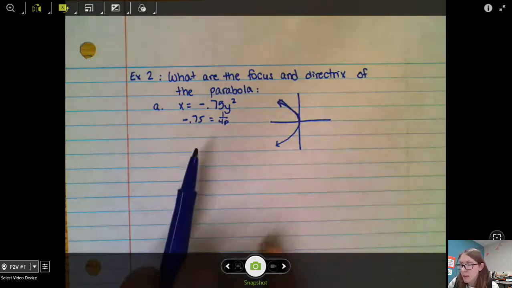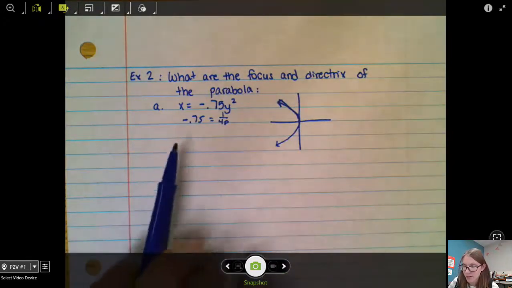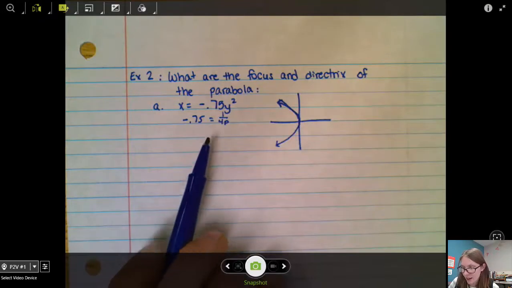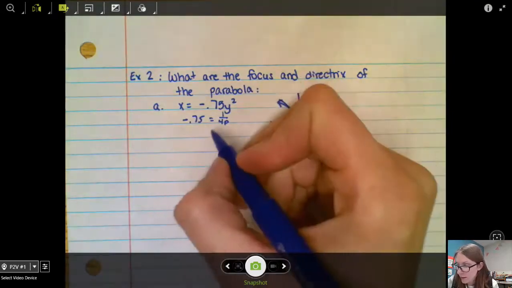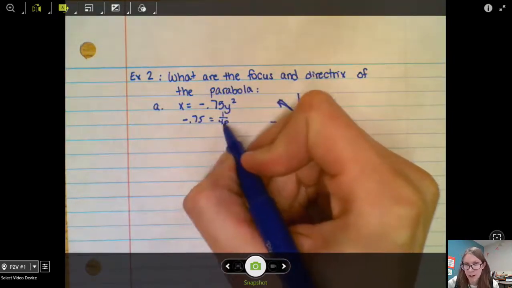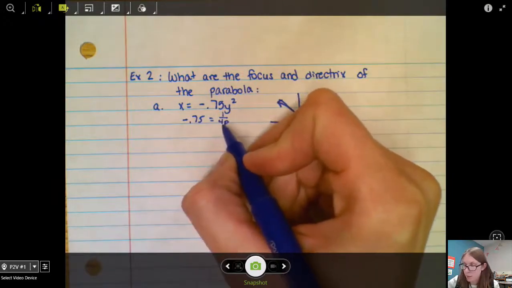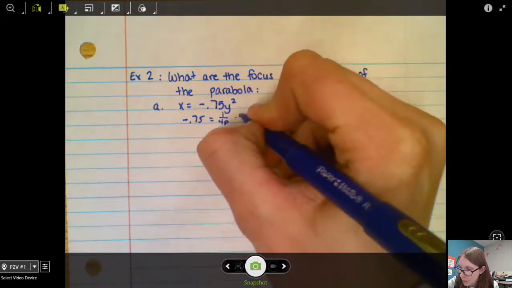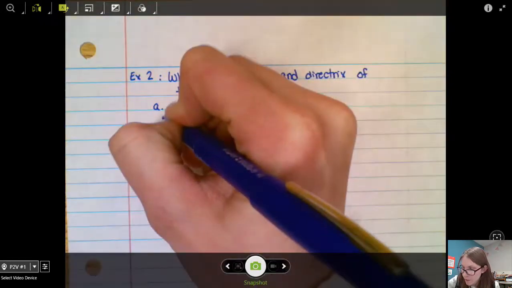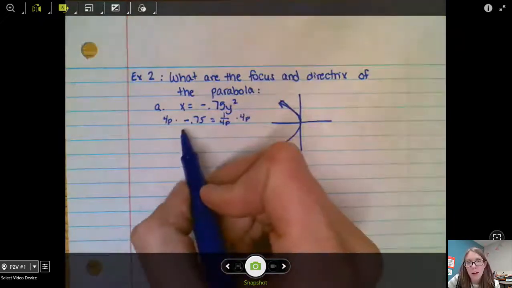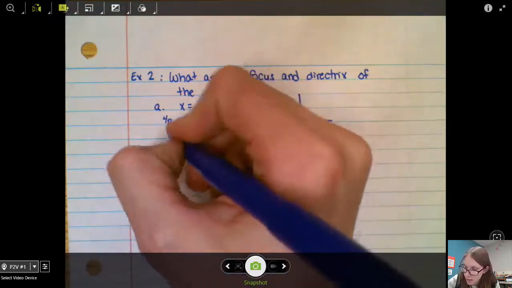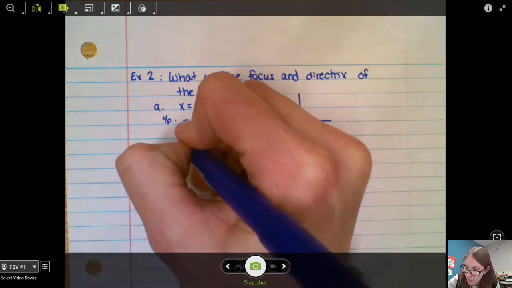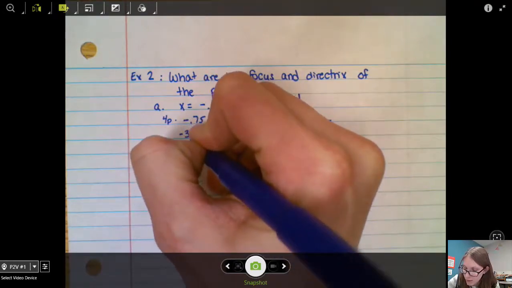All right, well, let's see here. I want to get p by itself. I don't really like that I have a fraction and a decimal here, but I guess it'll kind of work. If we try to get rid of our fraction here, let's start off by multiplying both sides by 4p. Negative 0.75 times 4 is negative 3.